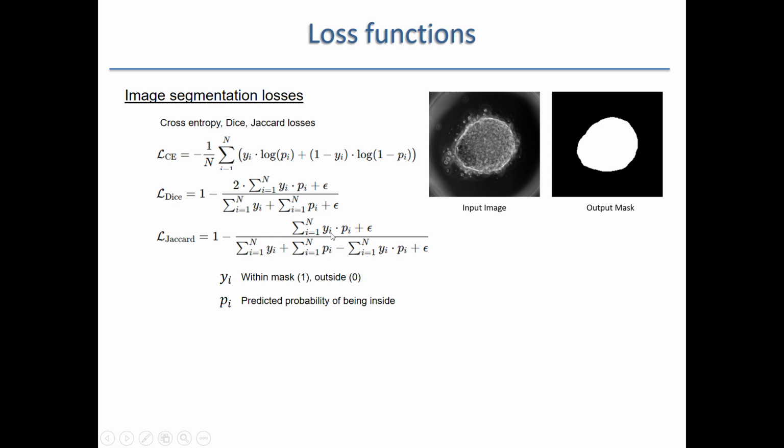So all different variations on a combination that somehow penalizes predictions that are wrong with respect to the label. If you make divisions, you have to be particularly careful with dividing by 0, so that is why you always have this epsilon, and then this epsilon is also added to the numerator just to keep the loss consistent, so that if you make a perfect prediction, the loss function is 0.